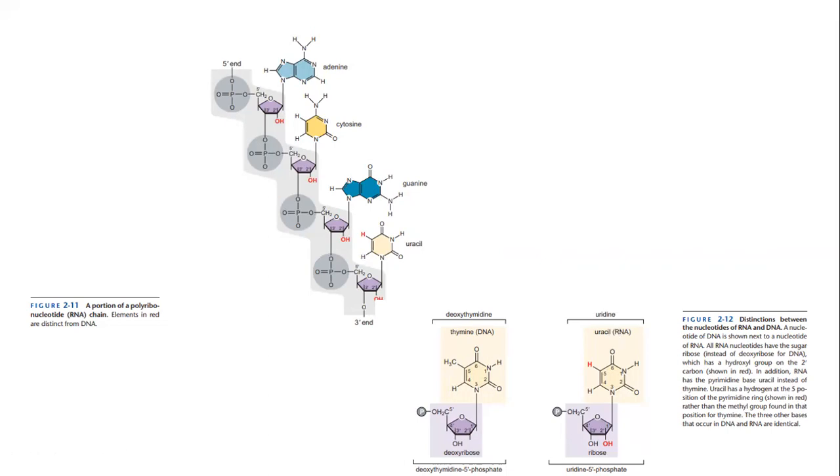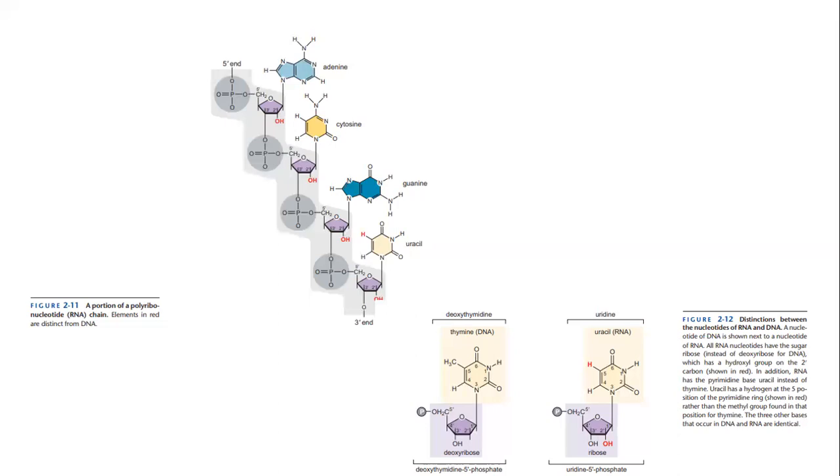The other difference is that RNA contains no thymine, but instead contains the closely related pyrimidine uracil. Thus, the chromosomal DNA functions as the template for the RNA molecule.